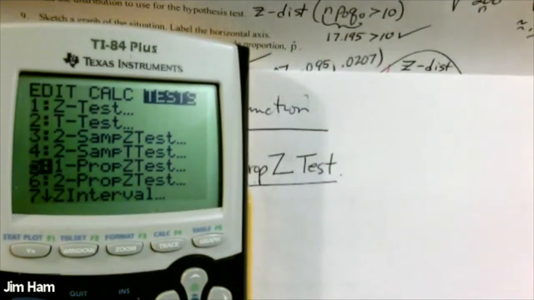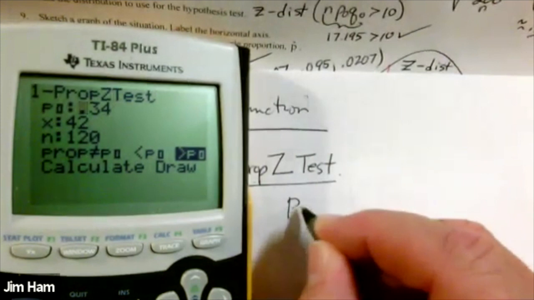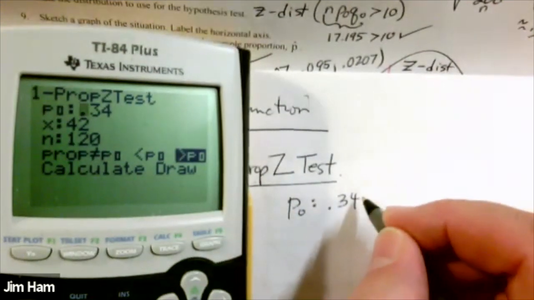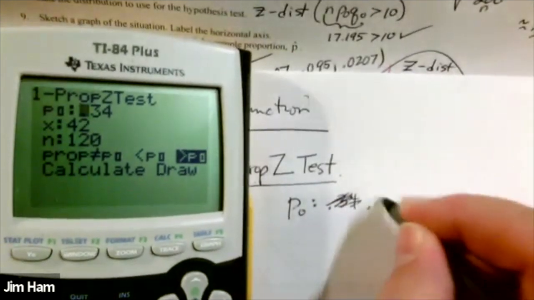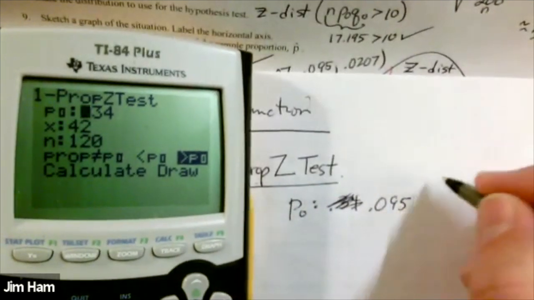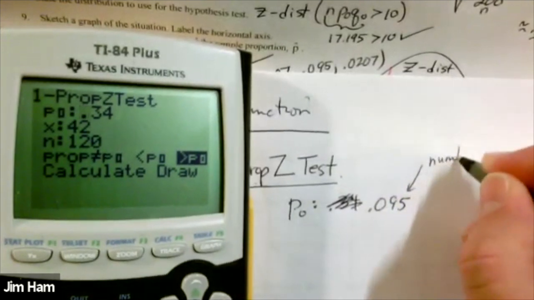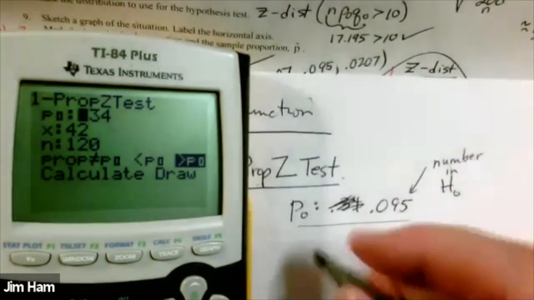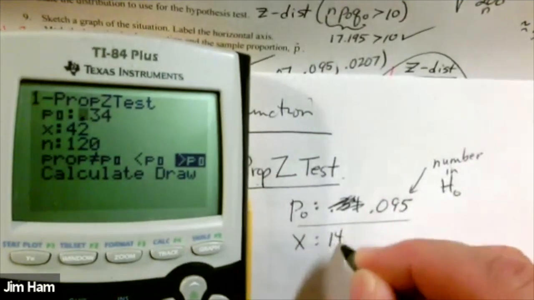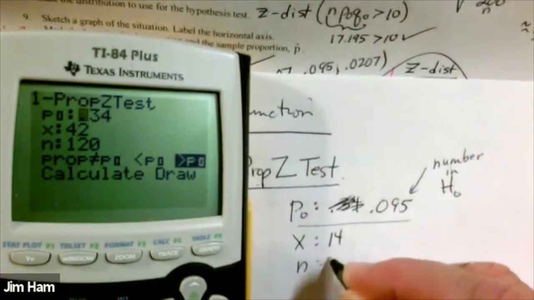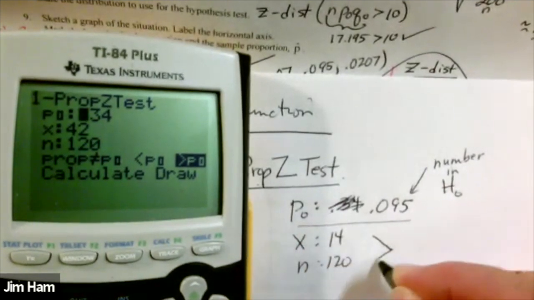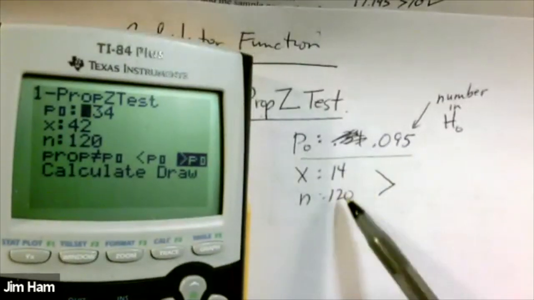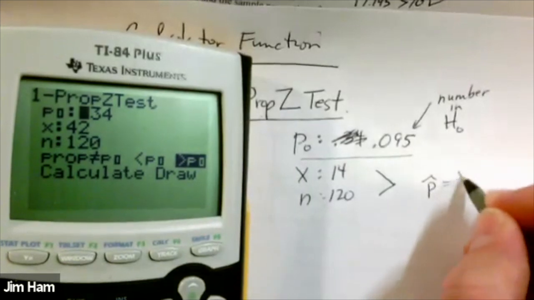All right, so here's what they're going to ask you for. The first thing is the P0. So this number P0 is 0.095 in our problem. It's the number in the null hypothesis. The next number that it requests is the x, that was our 14, and the n, which is 120. It doesn't ask for the sample proportion, but the calculator can take these 2 numbers and calculate the sample proportion.